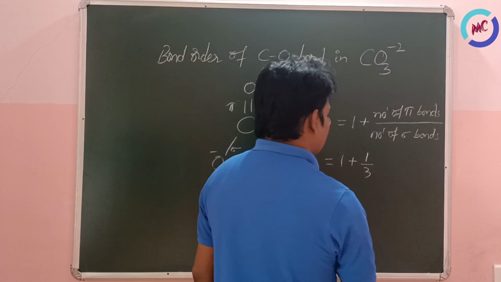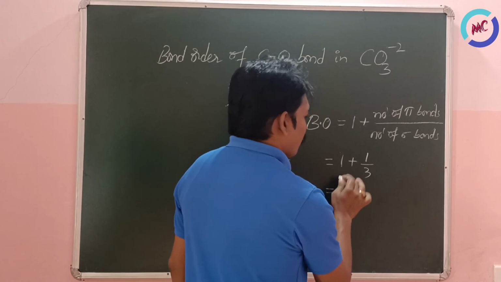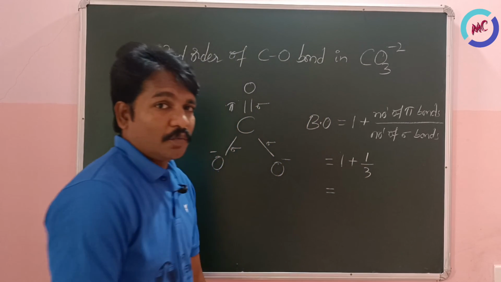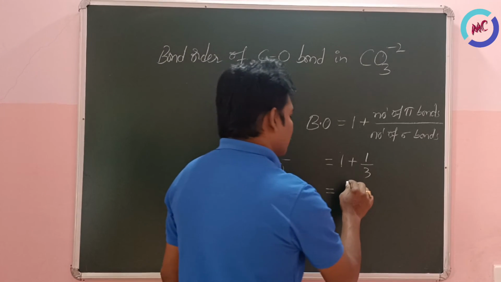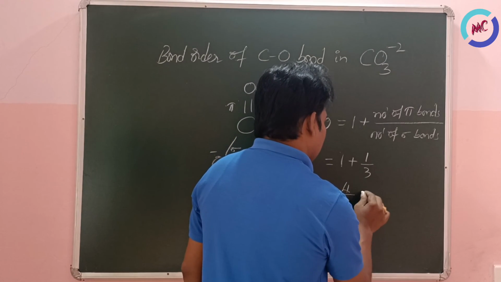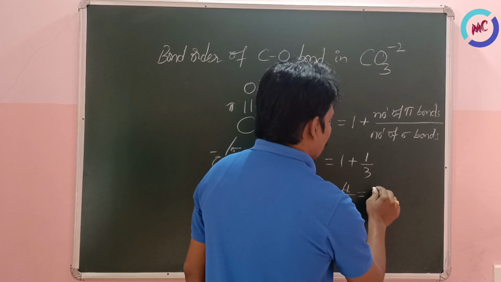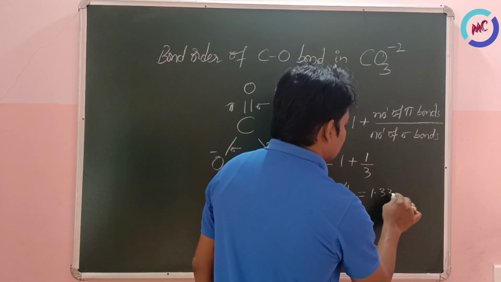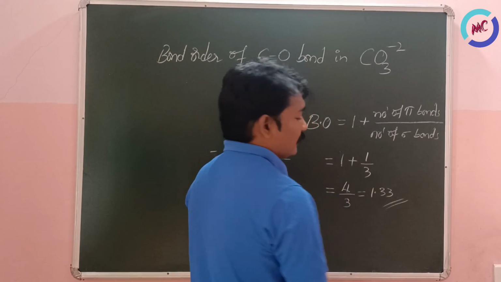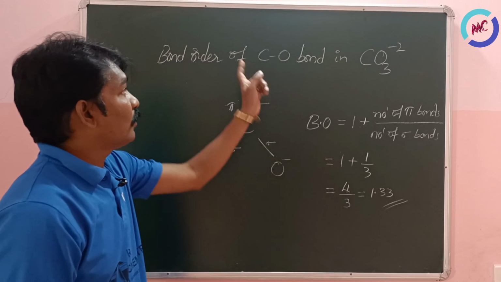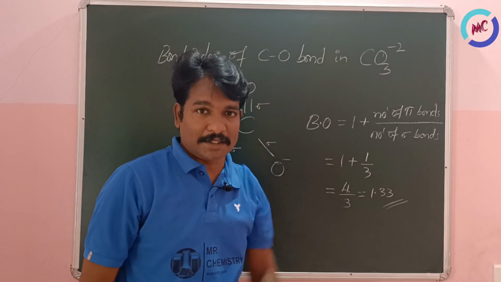That is equal to 1 plus 1 by 3, which is 4 by 3, that is equal to 1.33. 1.33 is the bond order of the CO bond in carbonate ion.